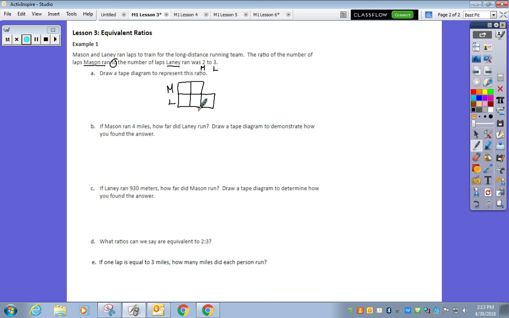Part B says, if Mason ran 4 miles, how far did Laney run? Draw a tape diagram to demonstrate how you found your answer. So now in all of these parts of this problem, it's all going to go back to the idea that the ratio of the number of laps Mason ran to the number of laps Laney ran was 2 to 3. So for each part, I'm going to draw that tape diagram of 2 to 3.